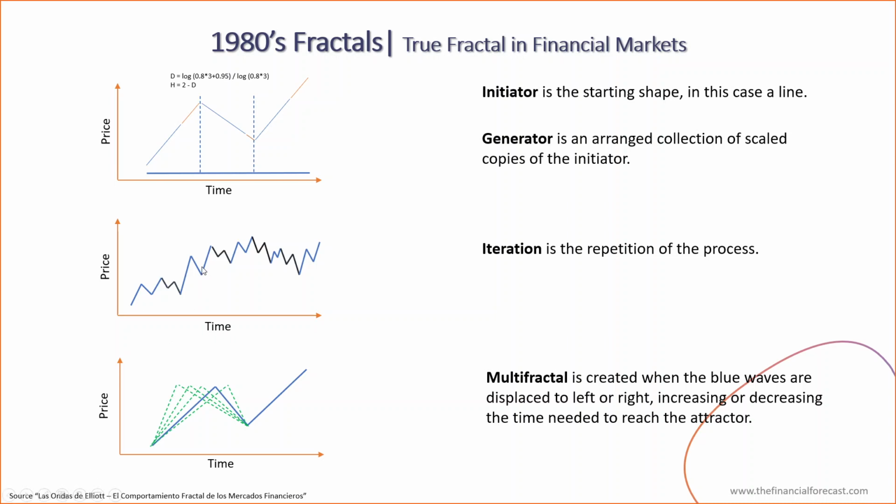That is because the length is not the only thing that is iterating. Also, the time is iterating, it changes. And that is why we call the financial instrument a multi-fractal. Why? Because we have these two elements that are iterating.